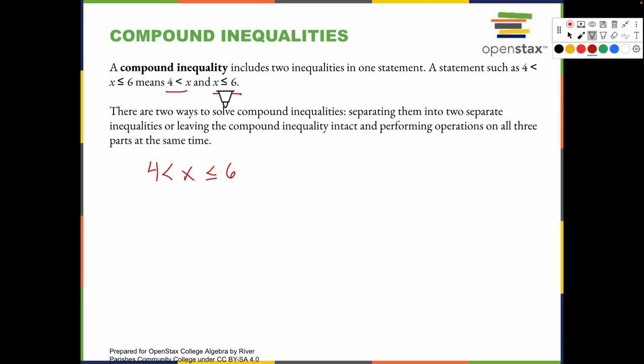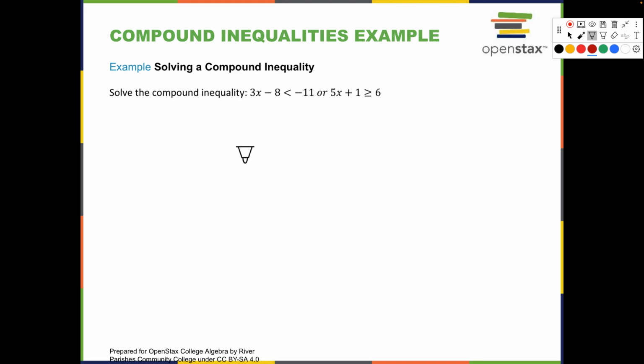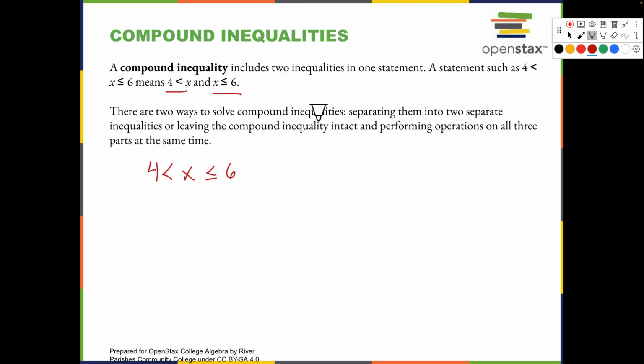So you could do it either way, but if they give you what's called a compound inequality, and again it works well if x is between these two numbers, then we'll see how we would go about solving an equation that might involve a compound like this one. The other kind of compound, let me back up.